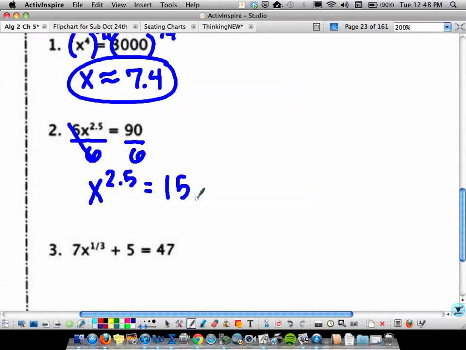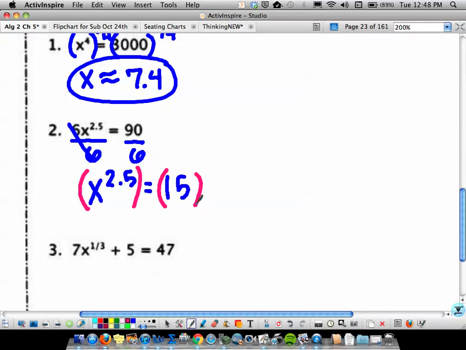Now we're in that simple form where we have the base x raised to an exponent equals something else. So now to get rid of that power of 2.5, square rooting both sides only works if we had x squared. We have x to the 2.5. So the way that we're going to get rid of it is to raise both sides of our equation to the reciprocal of 2.5. You could go through changing 2.5 to an improper fraction and then flip the fraction to get the reciprocal.